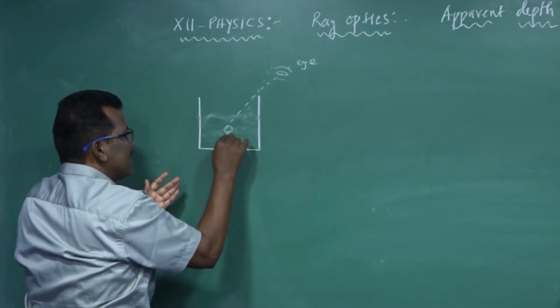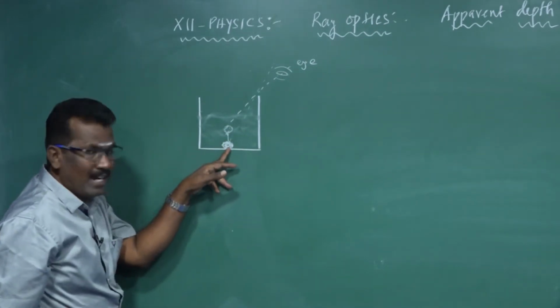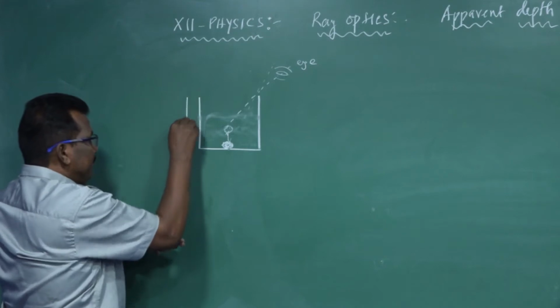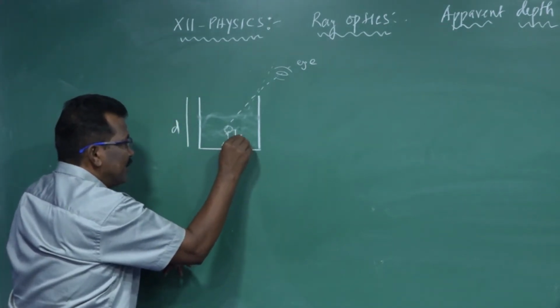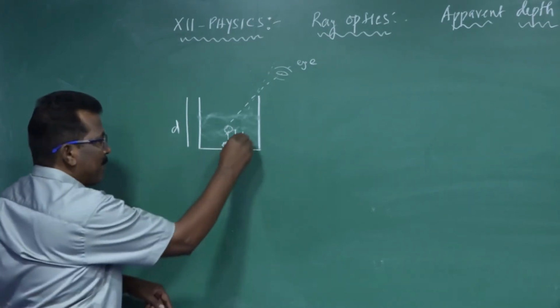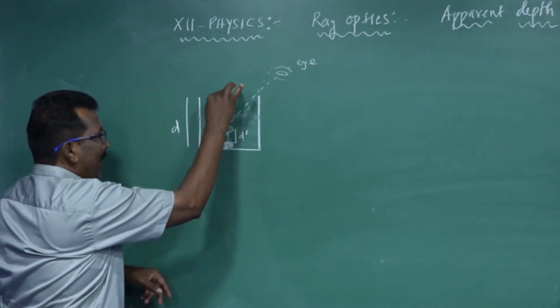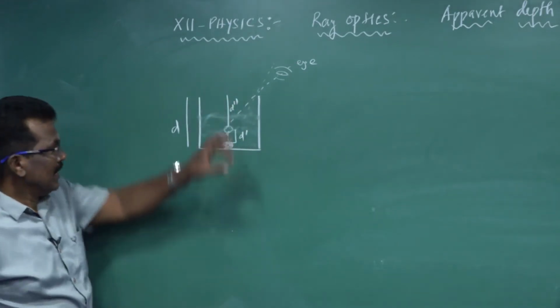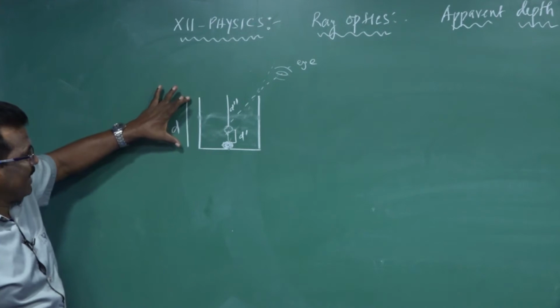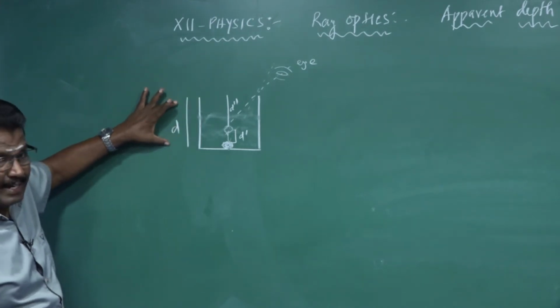This distance is actually the original distance in the beaker. Now this much distance change, let's say d prime. But actually the height of the object is d double prime. The height of the beaker is AD.